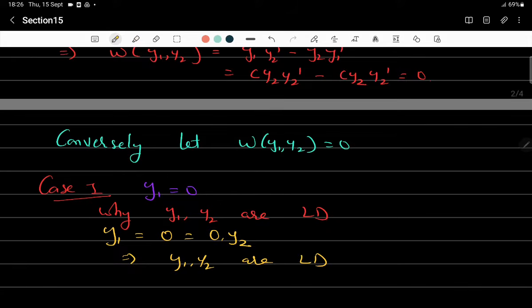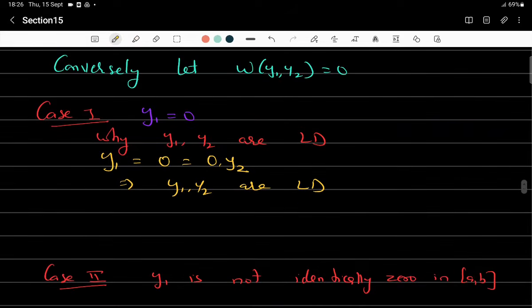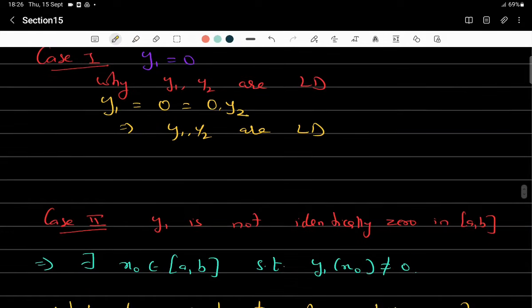One can be expressed as a scalar multiple of the other, and that's why LD. So now let's consider case 2 where y1 is not identically 0. Not identically 0 means there exists a point where y1 is not 0. So let's assume that x0 is the point where y1 is not equal to 0.